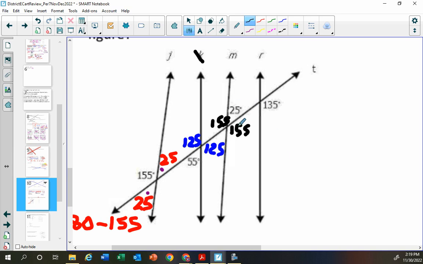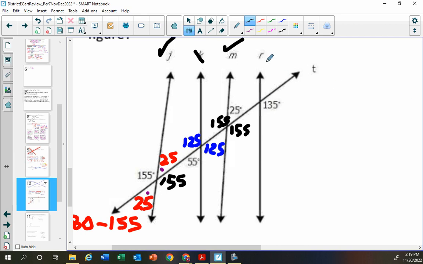But that's okay because they add up to 180. See this angle, 155? Then what must this angle be? That's also 155. Are those two numbers the same as these two numbers, in the same order? Yeah. J's going to work with M.